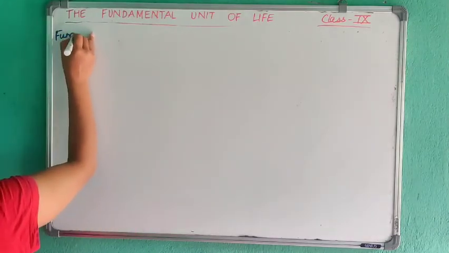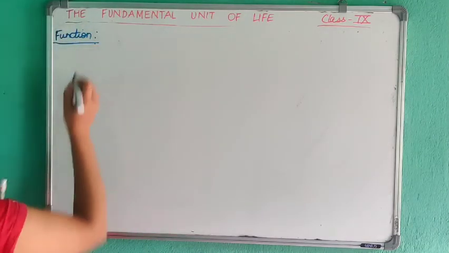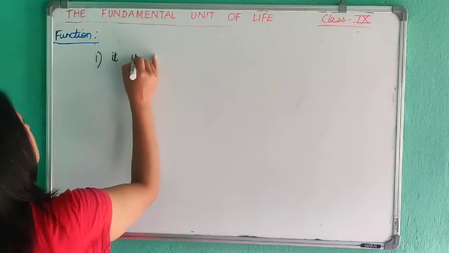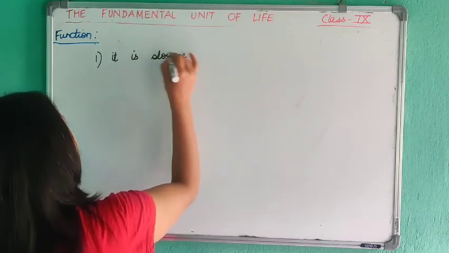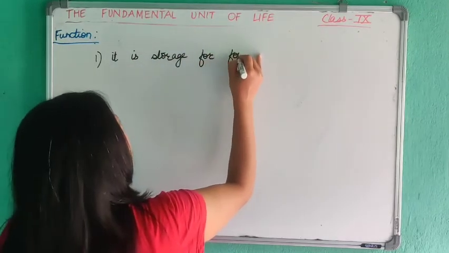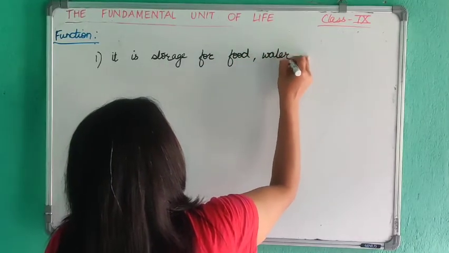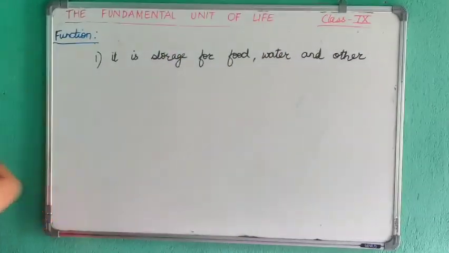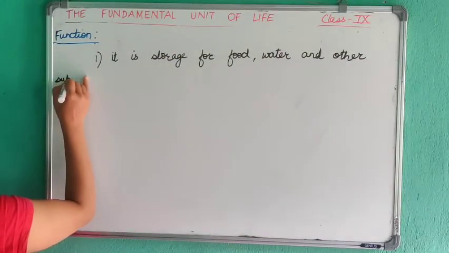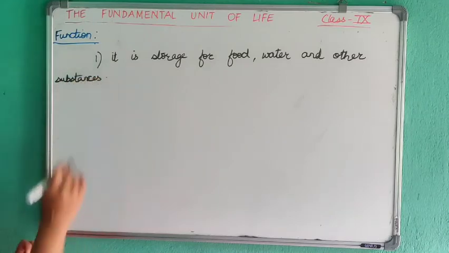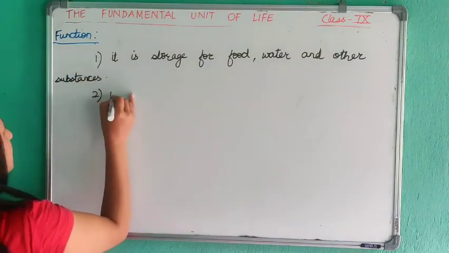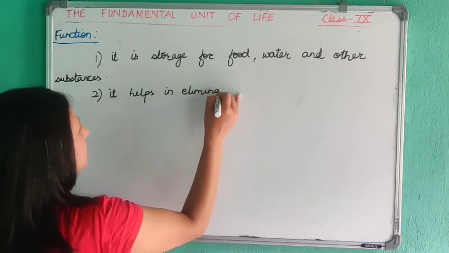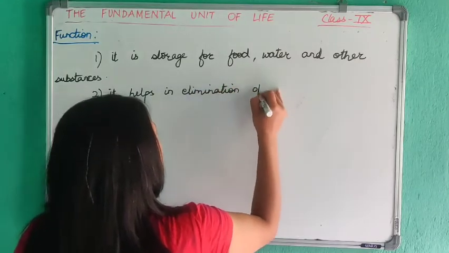About the function of vacuole: it is storage for food, water and other substances. Food is stored inside, water is stored, and other substances like proteins, amino acids and starch. Next, it helps in elimination of excess water.